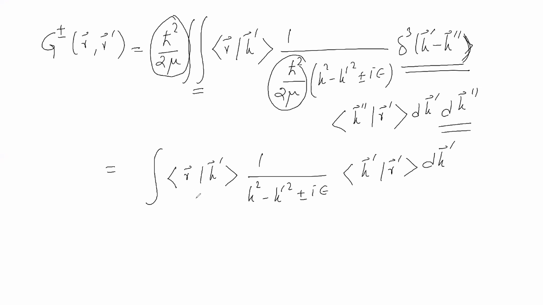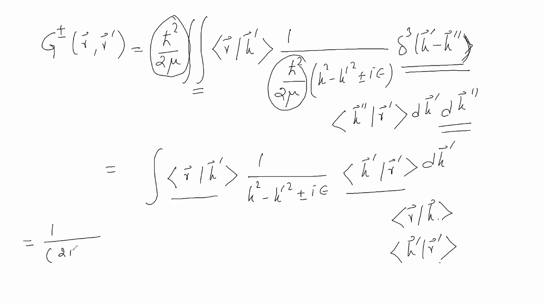And then you see I had written the expression for r K, and just to start with I wrote r K and K prime r prime. Here instead of that we have r K prime and here K prime r prime. Therefore, what we will have: 1 over 2 pi to the power 3 by 2 from here, 2 pi 3 by 2 from here. Therefore, the square root from both the sides will go away.